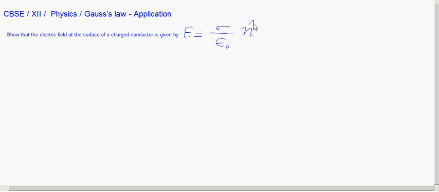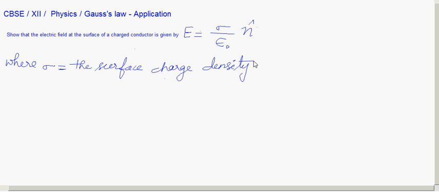Show that the electric field at the surface of a charged conductor is given by E is sigma by epsilon naught n, where sigma is the surface charge density, and n is the unit vector normal to the surface in the outer direction.